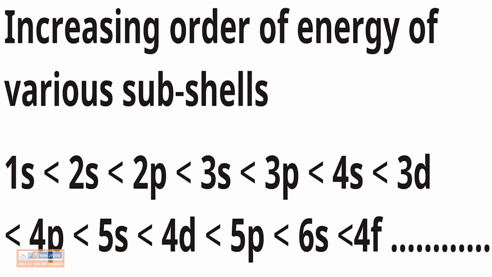Look at the increasing order of energy of the various subshells: 1s, 2s, 2p, 3s, 3p, then not 3d, it is going to 4s. Then 3d, 4p, 5s, then 4d, then 5p, then 6s, and then only 4f.